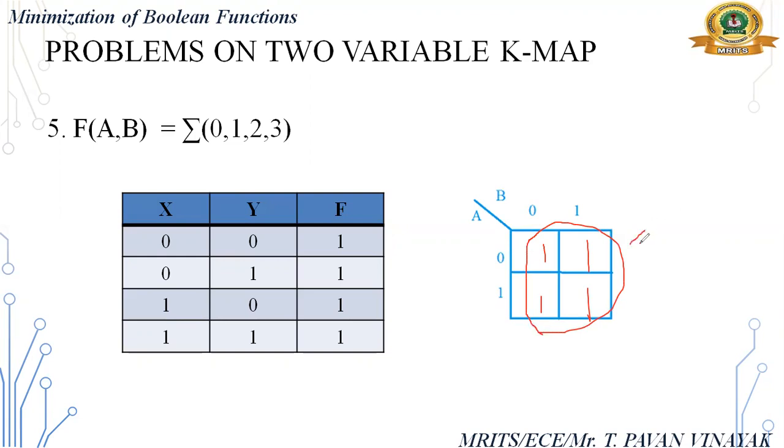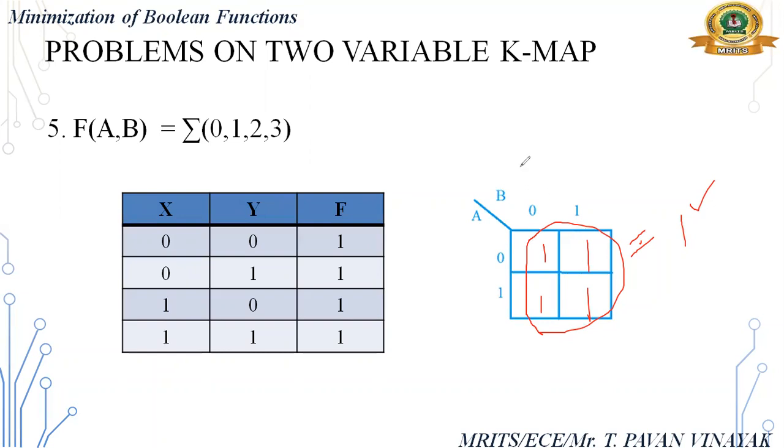So answer is what? The common term: a is not available, b is not available, so the common term is 1, meaning all 4 ones. So answer is 1. What you observed here: when all ones are available, output is 1.